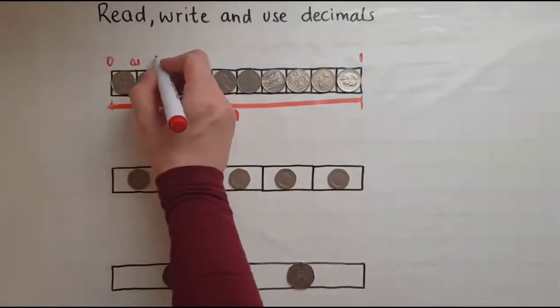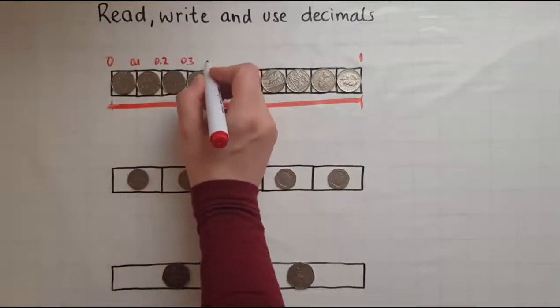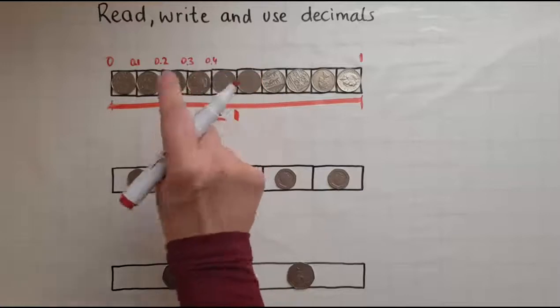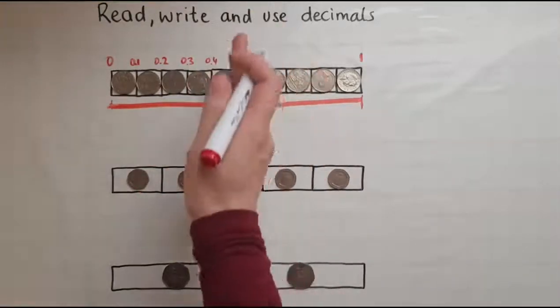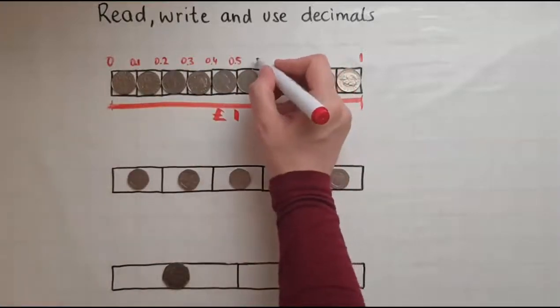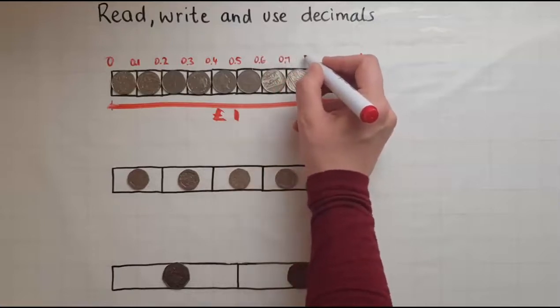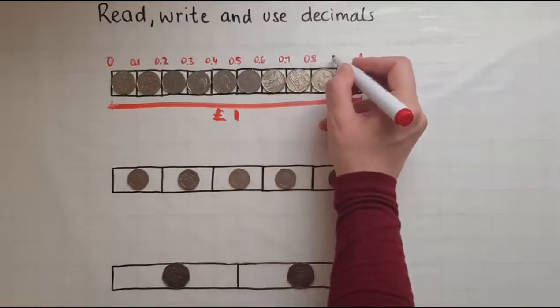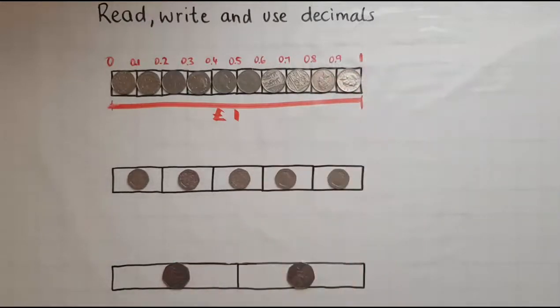2 of them will be 0.2. 3 will be 0.3. 4 will be 0.4. 5 will be 0.5 or half of it. 6 will be 0.6, 7 will be 0.7, 8 will be 0.8, and 9 will be 0.9, 10 will be 1 or a whole, because their value is worth 10p out of 100.